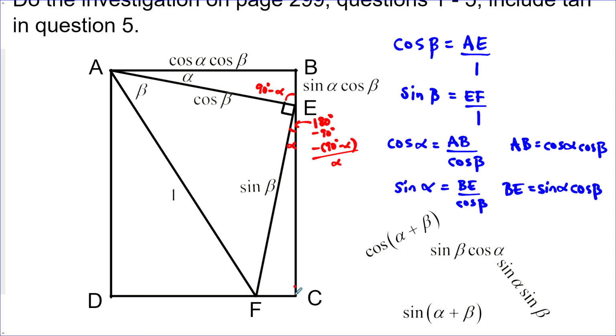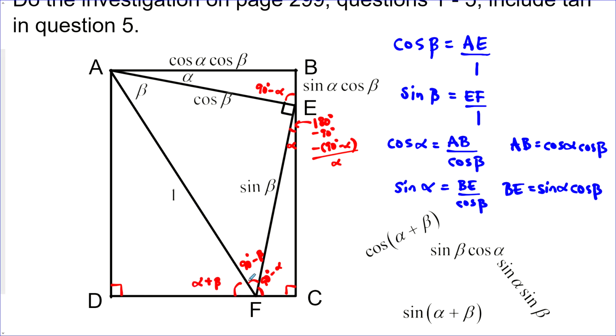Let's go down. This one is 90 degrees. This would be 90 minus alpha. This one, 90 minus beta. And a right angle here. This one would be alpha plus beta.